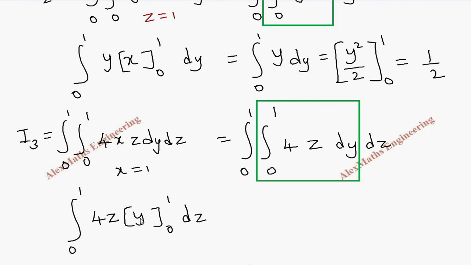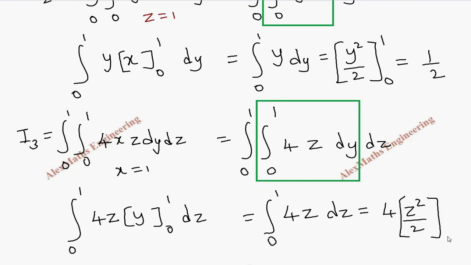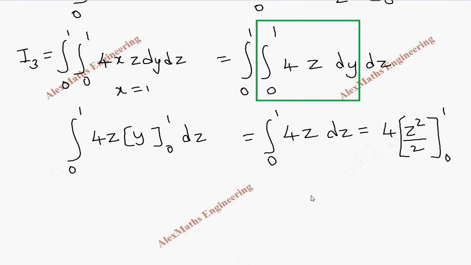When we replace the limit, this is 1 minus 0 which is 1. So totally 4z is remaining with the limit 0 to 1 and dz. When we integrate, it is 4z square by 2 and we substitute the limit 0 to 1. So this value is 4 into 1 by 2, which is 2.